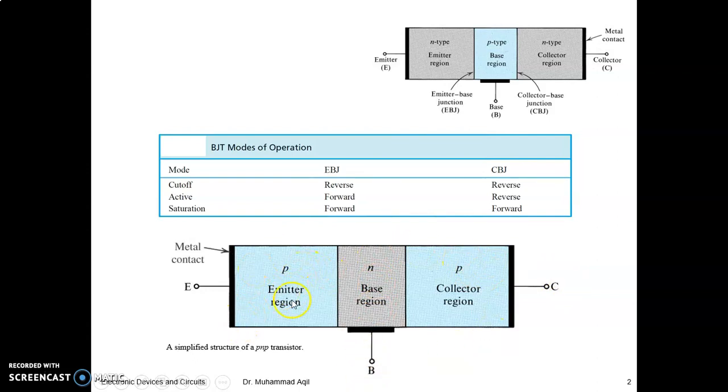Obviously, in this diagram these two regions seem to be the same, so you could make this the emitter and this the collector. No, this is just to show you the sandwiching process, right? Otherwise this should be the emitter and this should be the collector, because structure wise, size wise, doping wise, they must have their own specs.